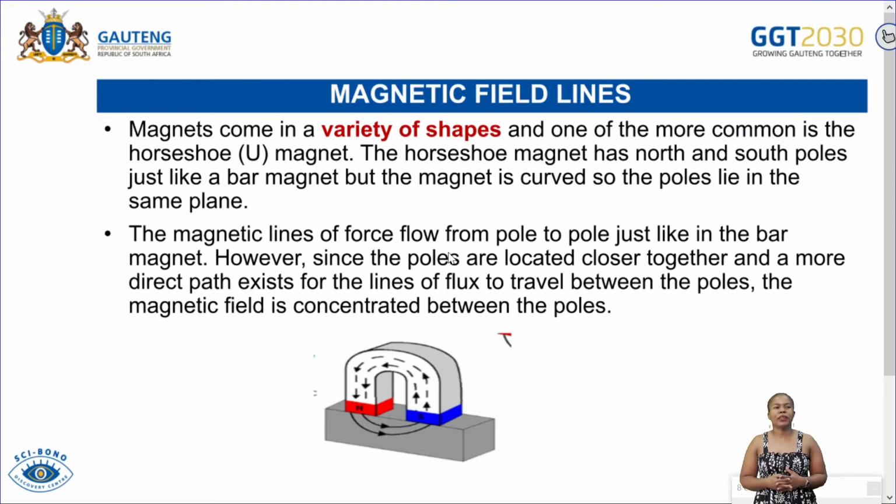Okay. So because the poles are located closer together, a direct path exists, so that the field lines traveling between these poles are more concentrated at the poles. So you can see in the diagram that is provided for you, you've got your magnetic field line from the north to the south, and then continuously inside the horseshoe U-shaped magnet, and then on the outside again.